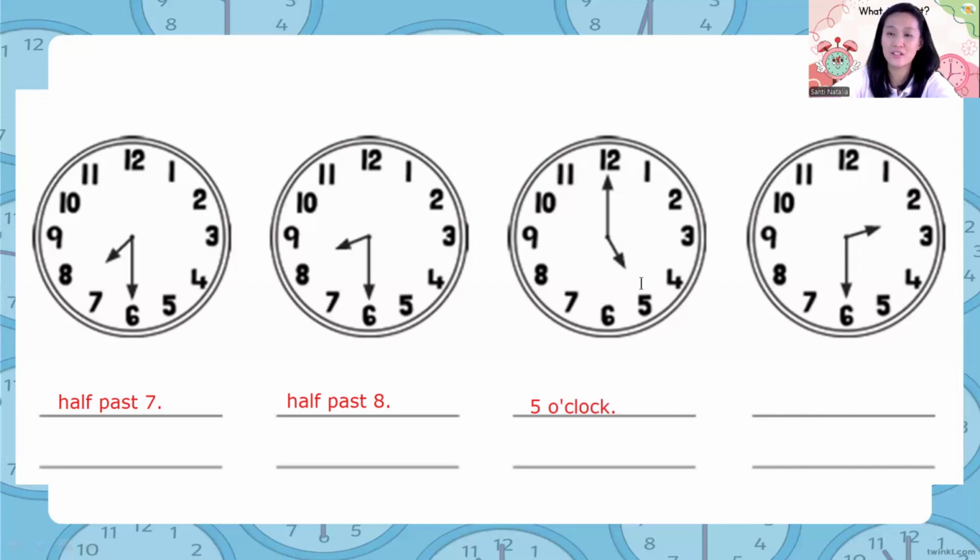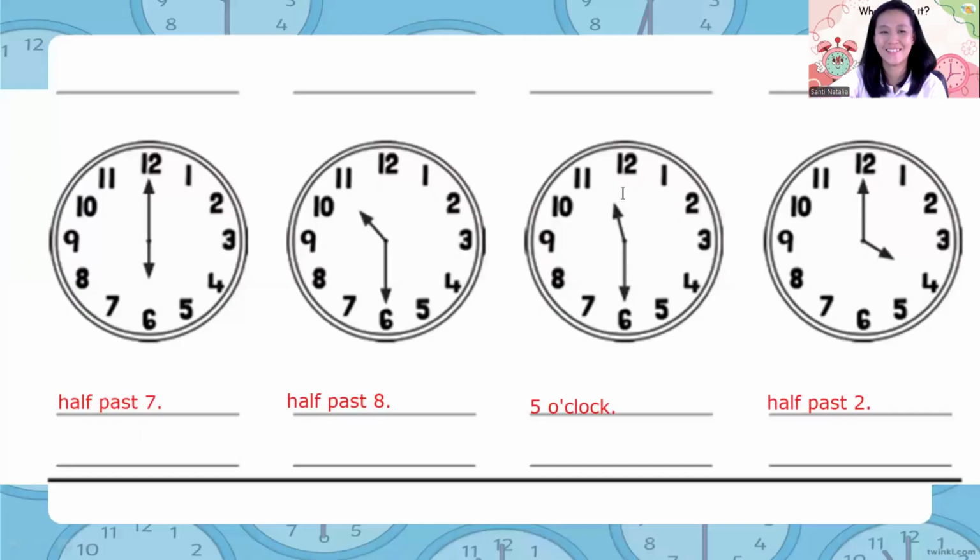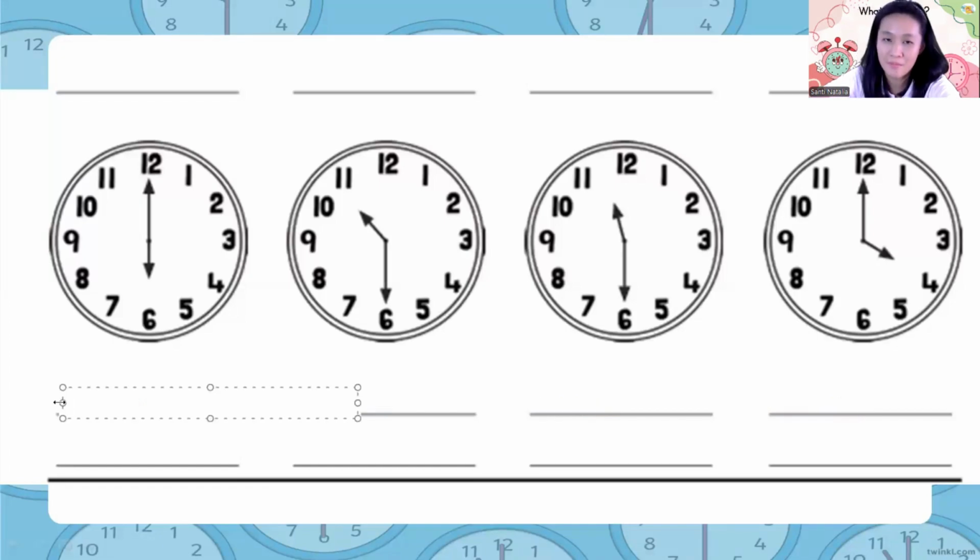And how about this clock? What time is it? The long hand is pointing 6, it means half past. And the short hand is pointing between 2 and 3. So it's half past 2. Yes, half past 2. Okay, the last row, children. What time is it? You may try by yourself, then you can check your answers with mine.